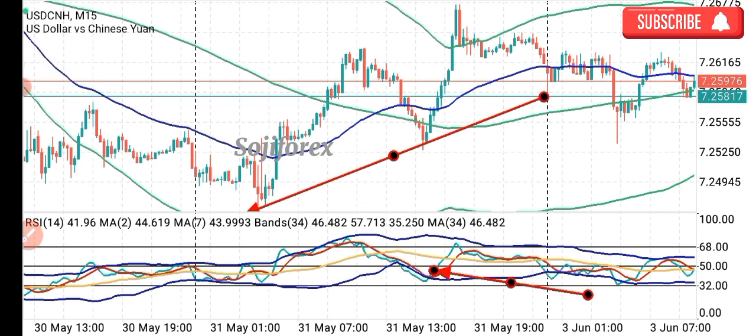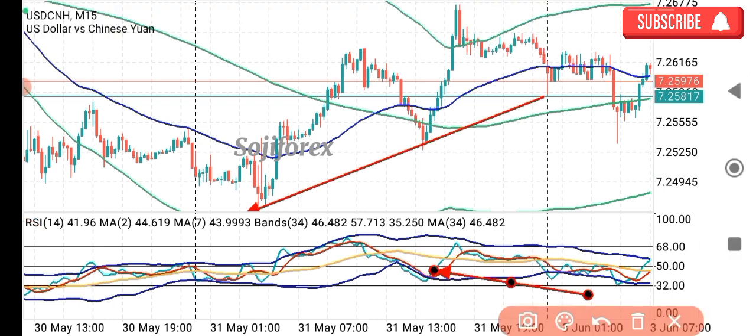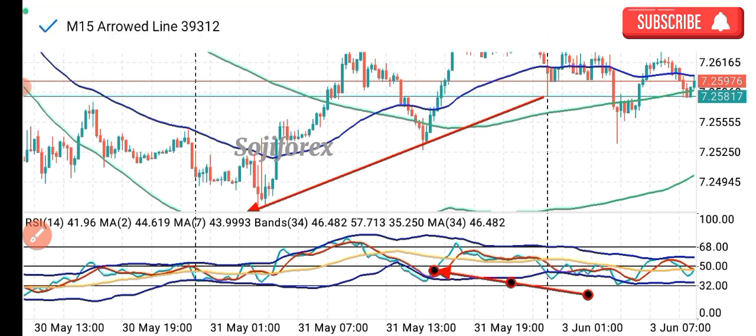So we can now connect our points easily based on this. So we are now connecting this point A with this point B, of course, because we already have a bullish signal of the candlestick formation in that zone.